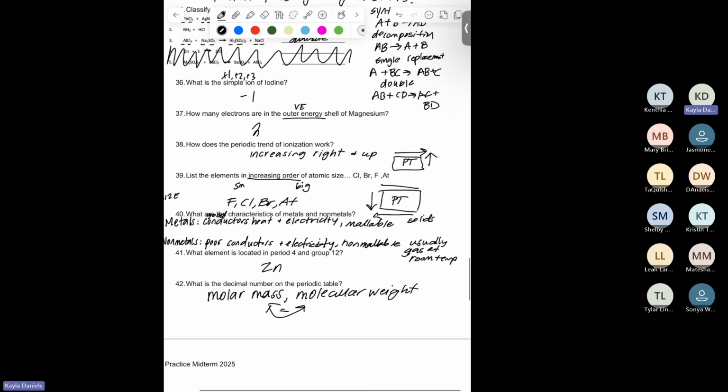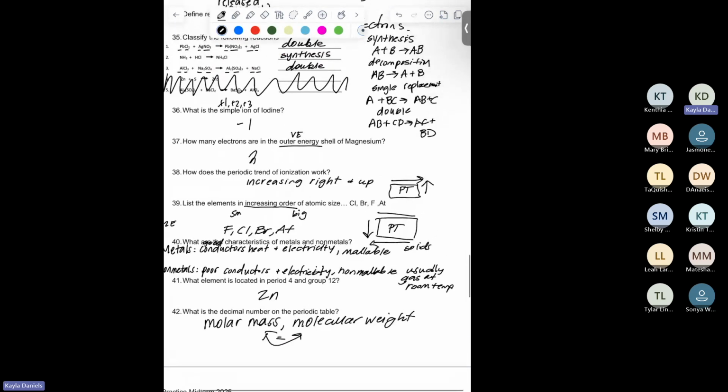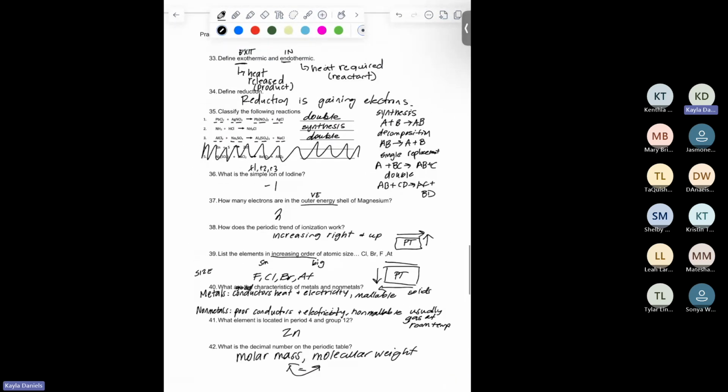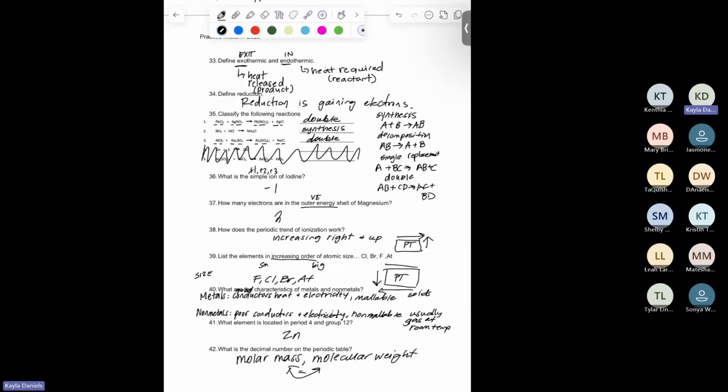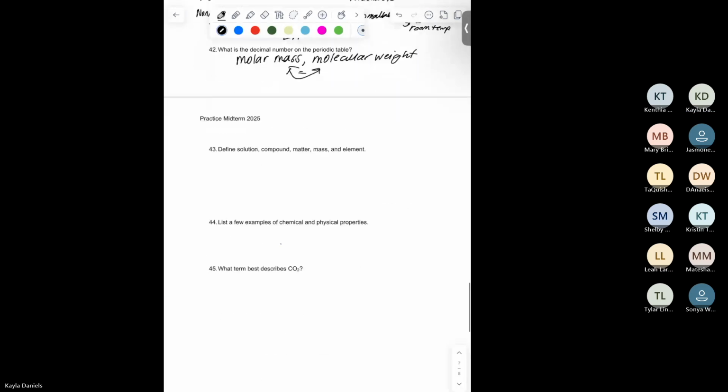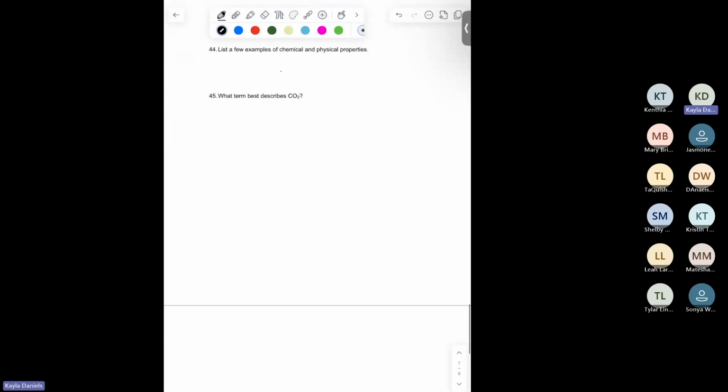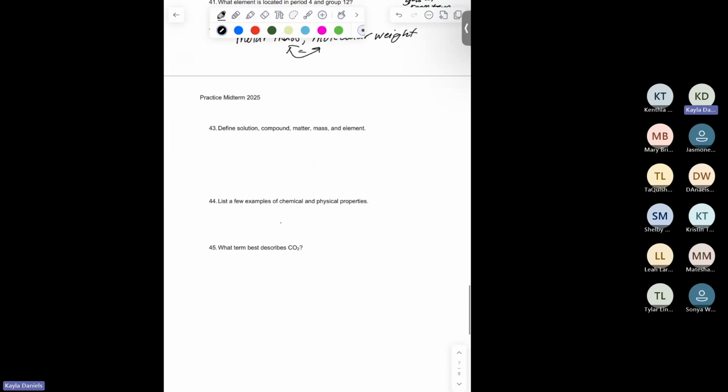Okay, before I scroll on to the next page, any questions? Let's see if we can get all this page into view here. All right, three more.